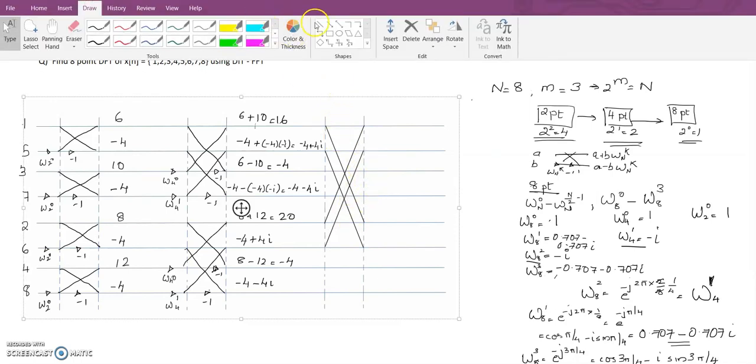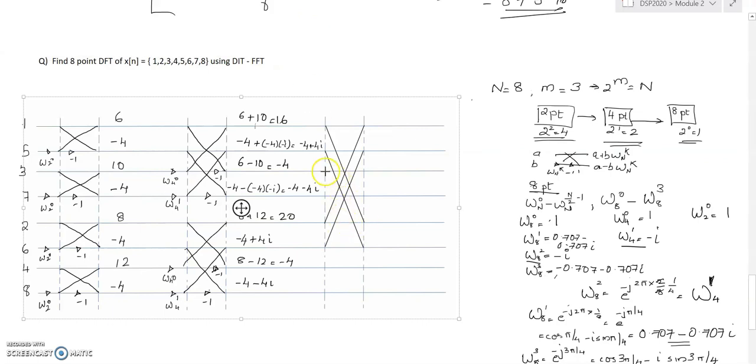We'll have to draw the other butterfly too. Kindly bear with me. It's because I'm using this particular tool that it's taking a bit of time. A hand-drawn diagram would have been much easier, but see the difference in the beauty of the diagram when we draw it in a perfect way.